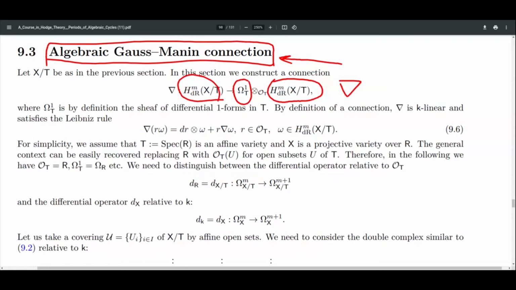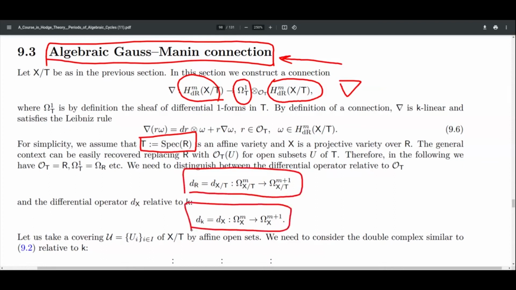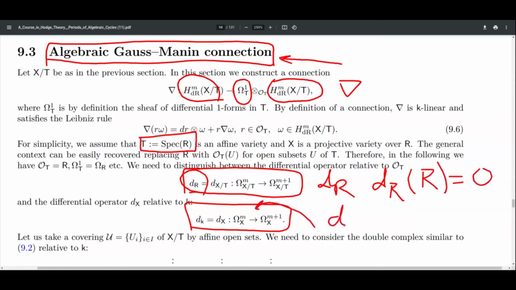For simplicity, we will take T to be the spectrum of some ring R, and we will distinguish these two differentials. So d_R will be the differential of the relative de Rham cohomology, and why do we put R? Because for this d_R, the elements of R are constant. Whereas when we take differential forms on X itself, the constants of the differential will be elements of the field, so these elements will be no more constant.